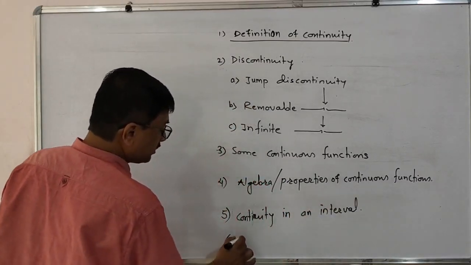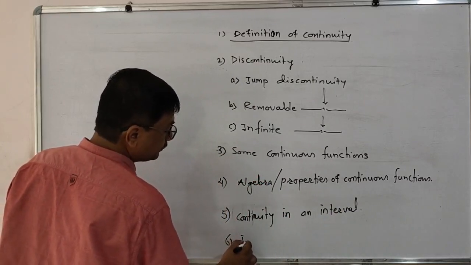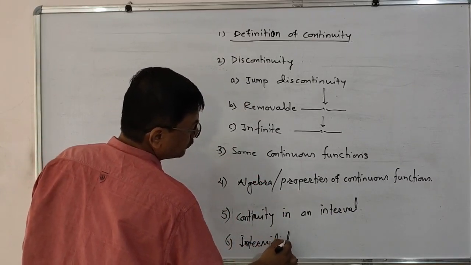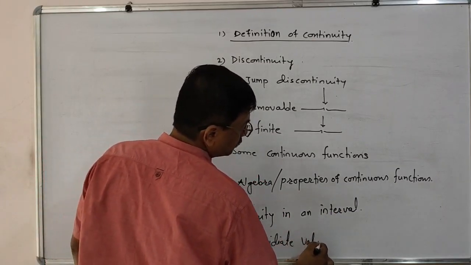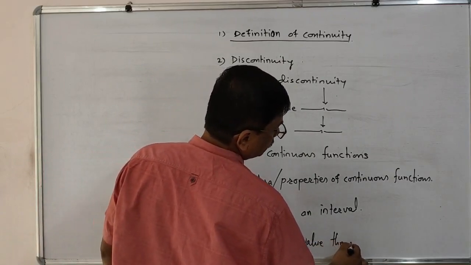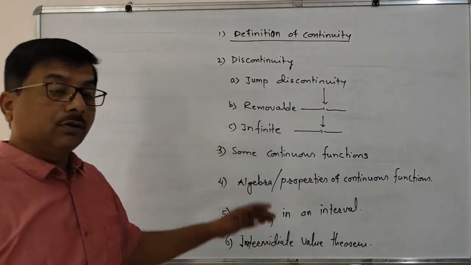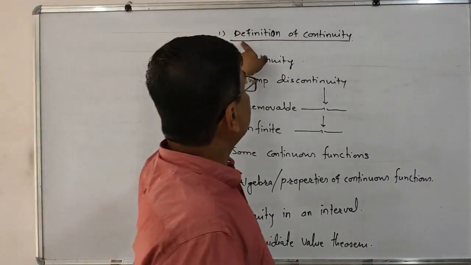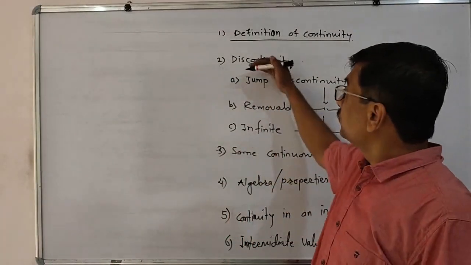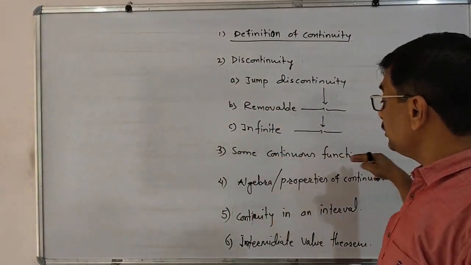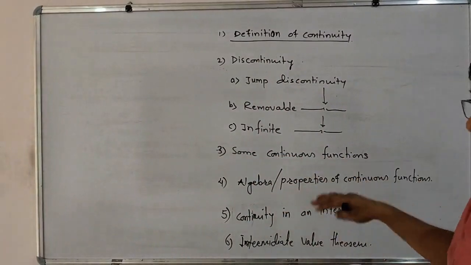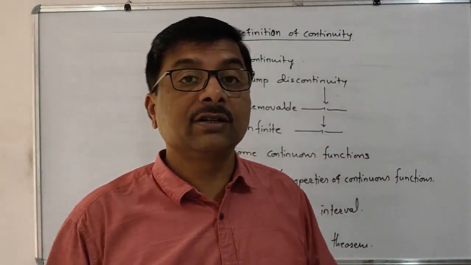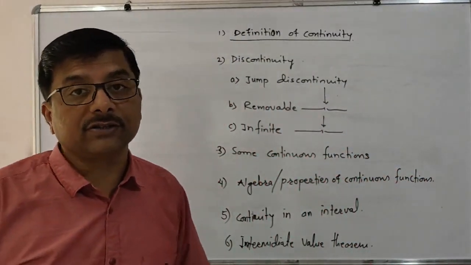And last one is intermediate value theorem. Prepare the notes for all these 6 points. Continuity of the function at a point, types of discontinuity, some continuous functions, algebra or properties of continuous functions, continuity in interval, and intermediate value theorem for the continuous functions.